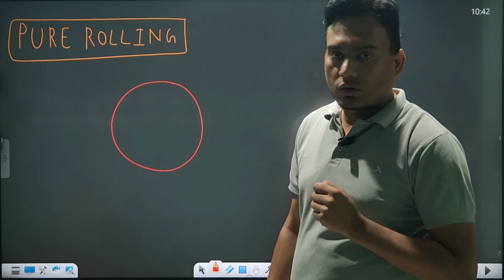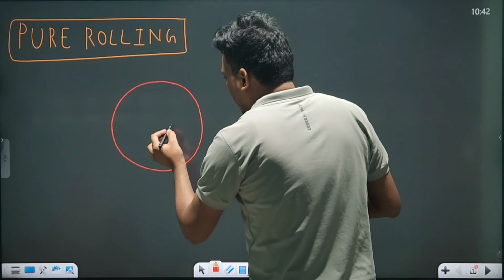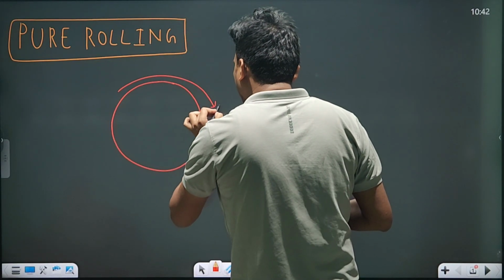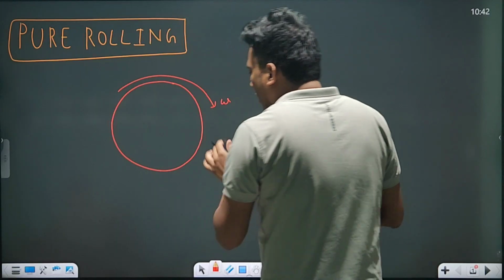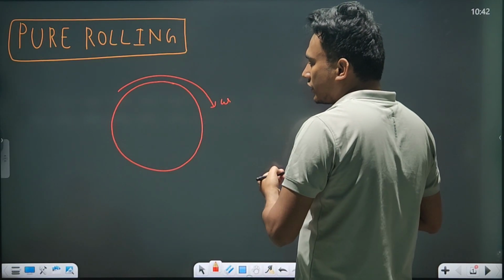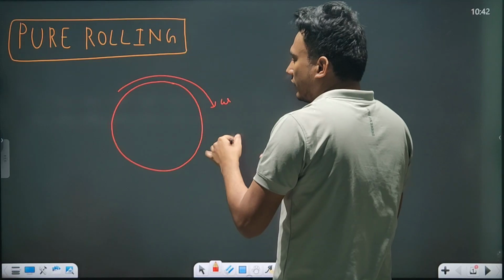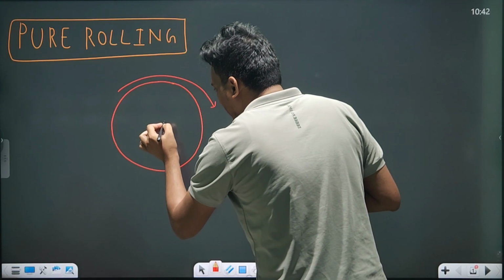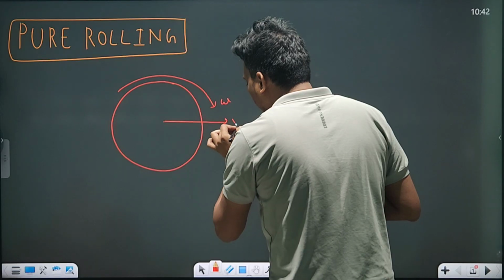Why is the motion of the wheel called rolling motion? Because the wheel is doing rotatory motion with angular speed omega. Along with that, the wheel is also moving in the forward direction, so it has linear velocity also. Suppose the wheel has linear speed v.